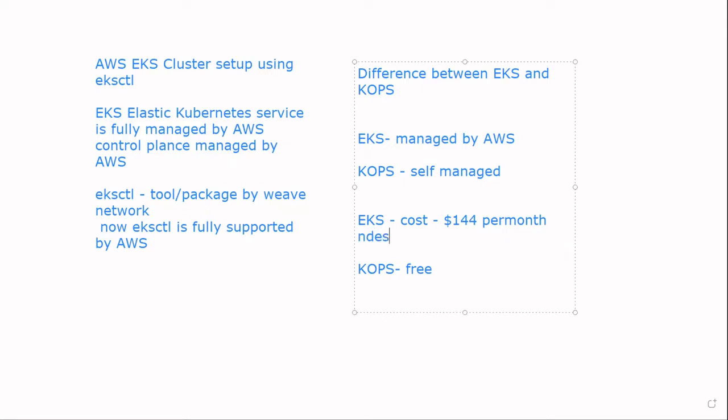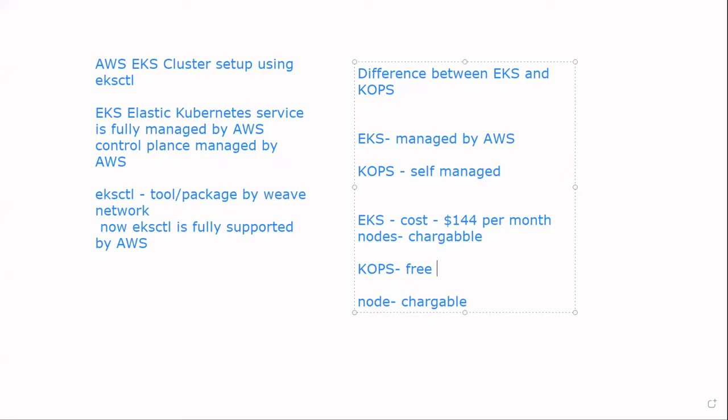The nodes will get charged. Here also we create a node which is chargeable. So here it is $144 per month, and in KOPS we can save that $144 per month.